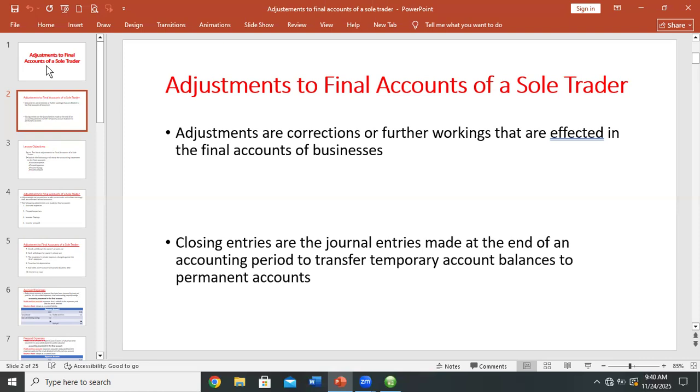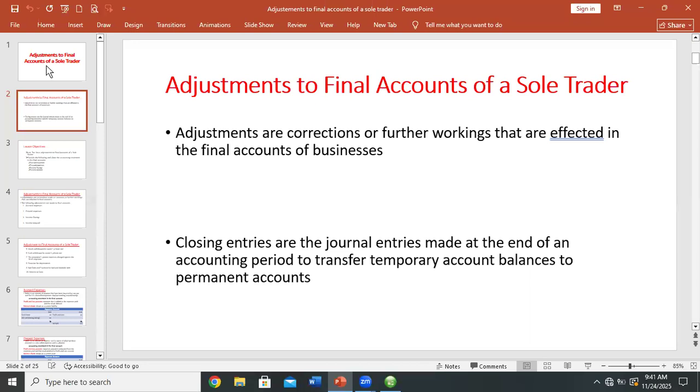So what it simply means is that all the accounts you have, like rent, telephone, whatever, we close all those accounts into the profit and loss account. So the point I'm trying to make is that those accounts are temporary. They are temporary in the sense that at the end of the year, we have to transfer all of them to the profit and loss account.